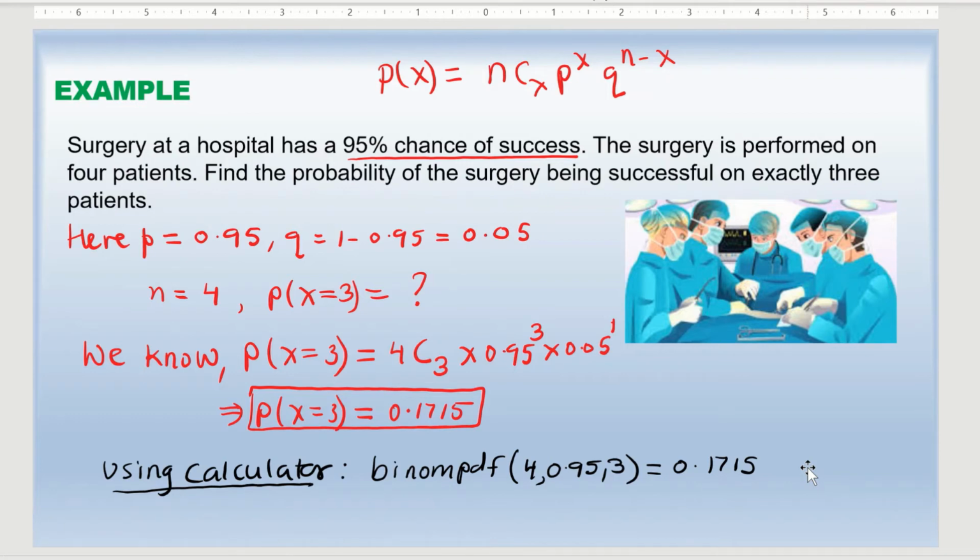So in this example, we learn how to use the formula for binomial probability distribution to calculate the probability, and also how to use our TI-84 calculator to find the value of the binomial probability using the function binomial PDF.